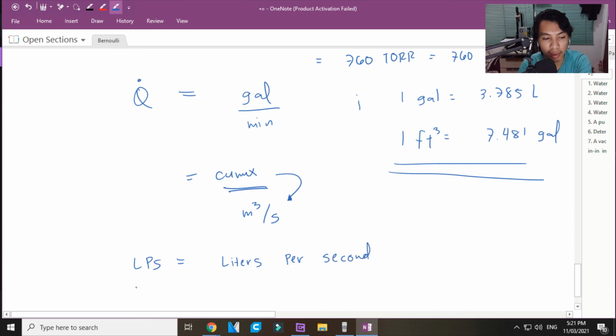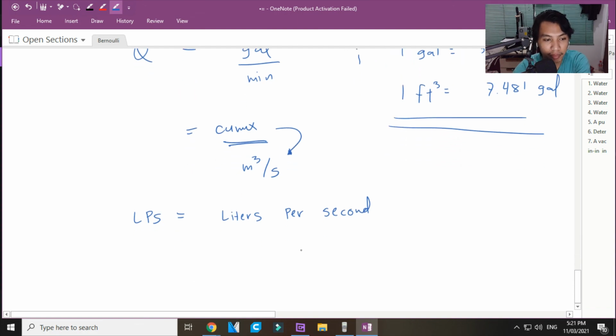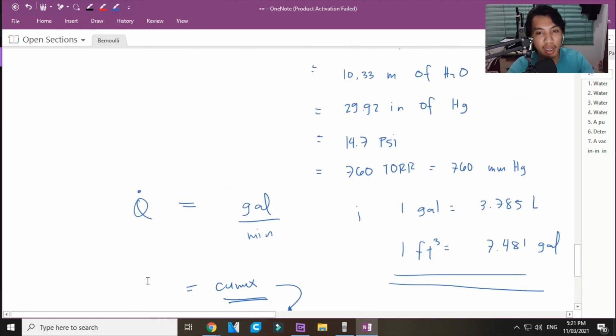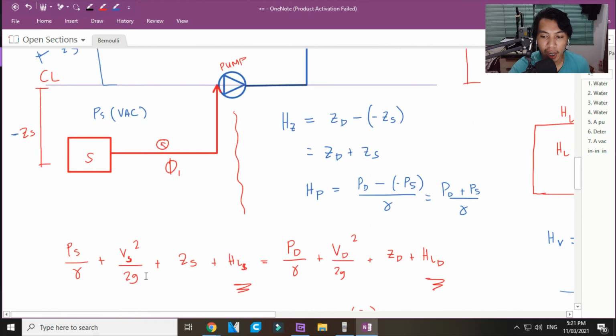LPM, ganun din yun, liters per minute. CFM, what is CFM? That is cubic foot per minute. CFS, cubic foot per second. Okay? Those are the keynotes na kailangan ninyong tandaan.